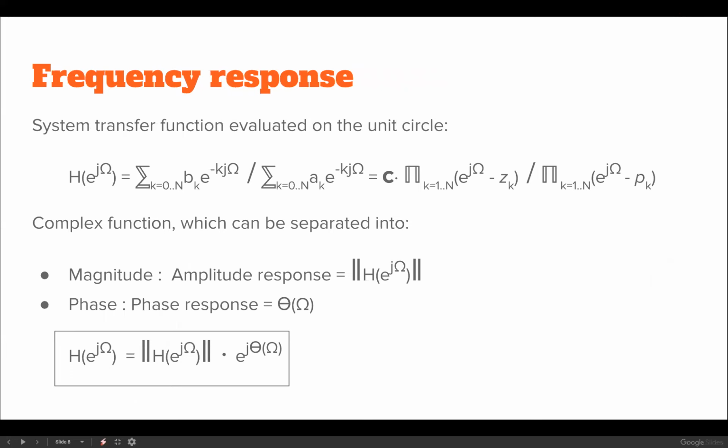Okay, then we have this ugly formula. I really want to find you a better formula. Maybe I should draw it. So your system transfer function evaluated on the unit circle is the frequency response.